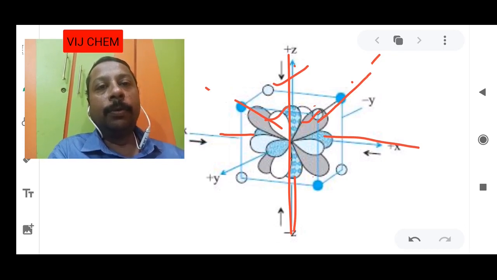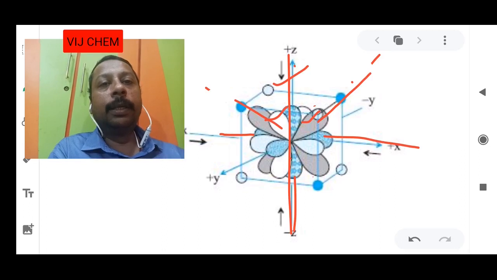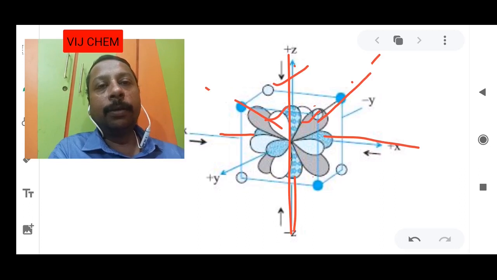Three people. What are those three people? dxy, dyz and dzx. And these three are collectively called what? T2g. And these two people who are relaxed now, what are they? dx square minus y square and dz square. Where will they be? They will be at the bottom. Okay, the more you relax, the more you will dip. The more you are pressurized, the more you are working, the more you will rise.